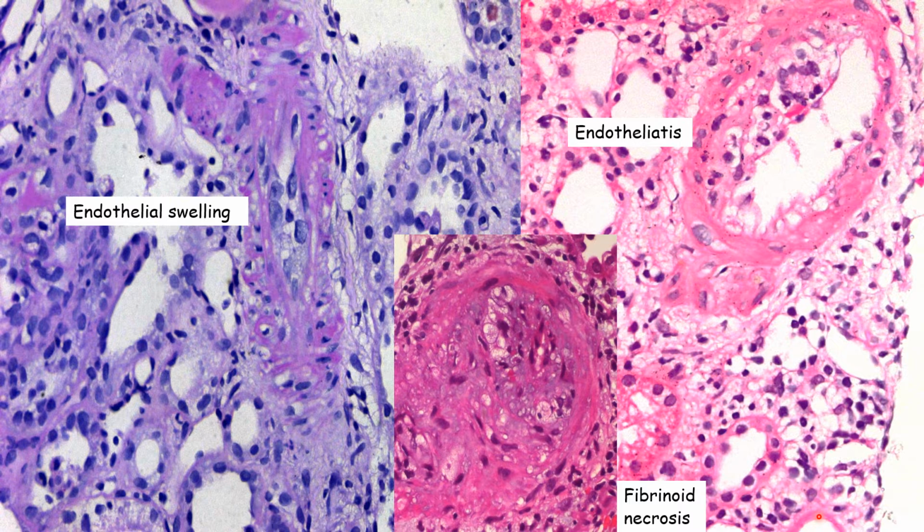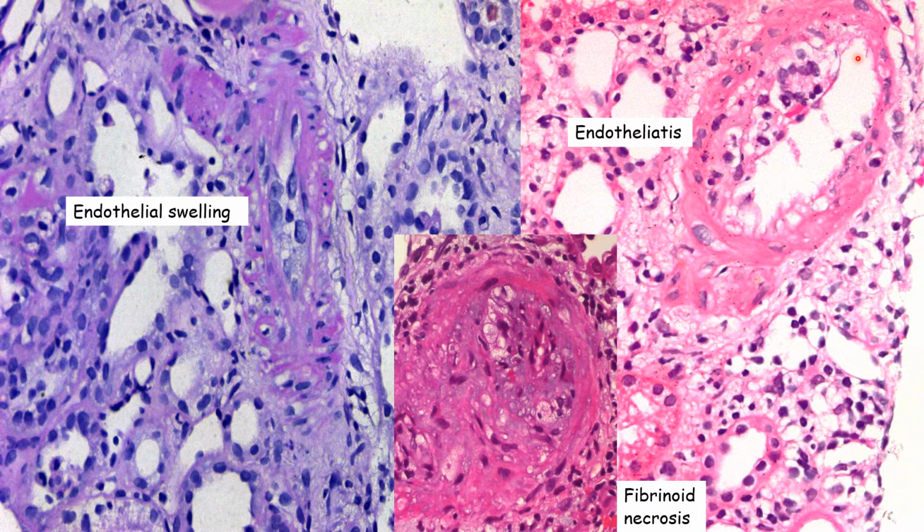Along with the glomeruli, the vessels also show changes. Here is a medium-sized vessel, and the cells which are projecting into the lumen are markedly swollen endothelial cells. In a normal vessel, the endothelial cell is barely visible as it is extremely flat. In a few regions, the vessels may also show tiny areas of necrosis with fibrin material and almost no patent lumen.